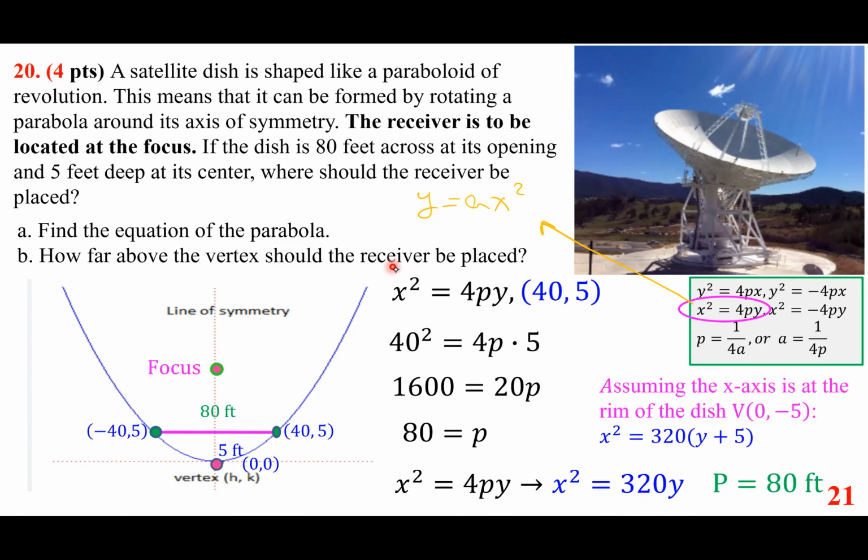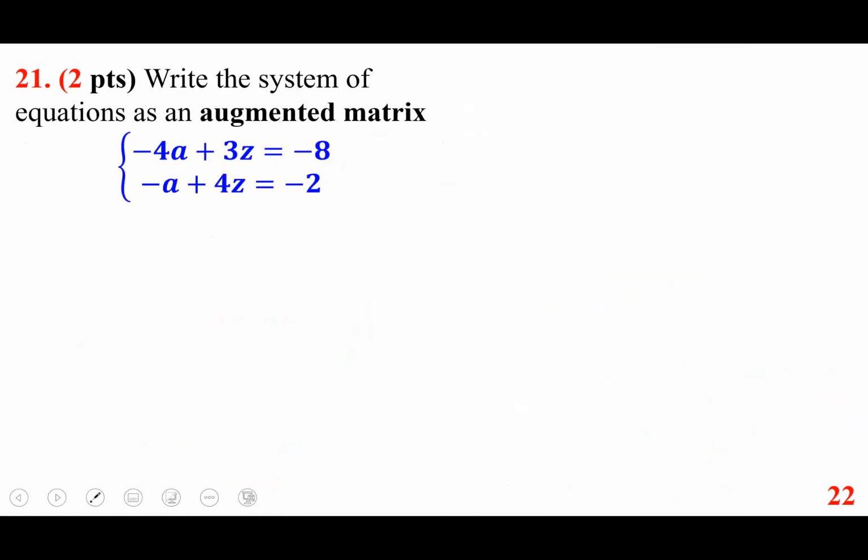However, assuming the x-axis is at the rim of the dish right here, so if this represents the x-axis, class, then the equation becomes x squared equals 320 times y plus 5, because the vertex in this case is located at 0, -5. You don't have to do that, but I just wanted to make sure we are comfortable with that.